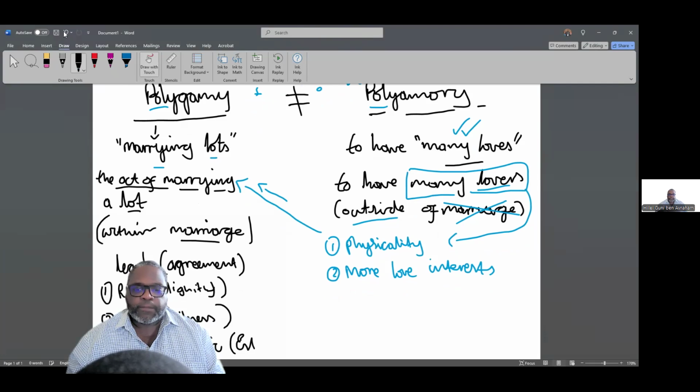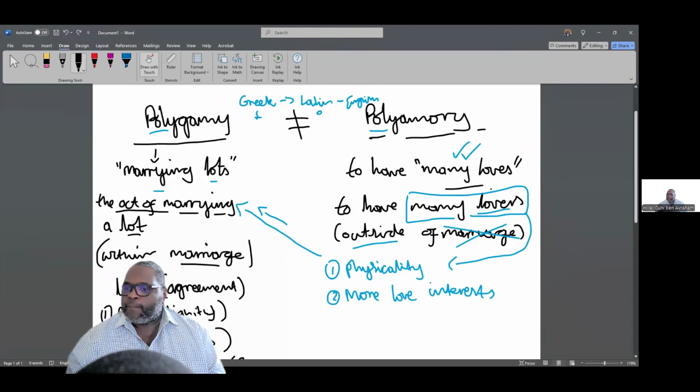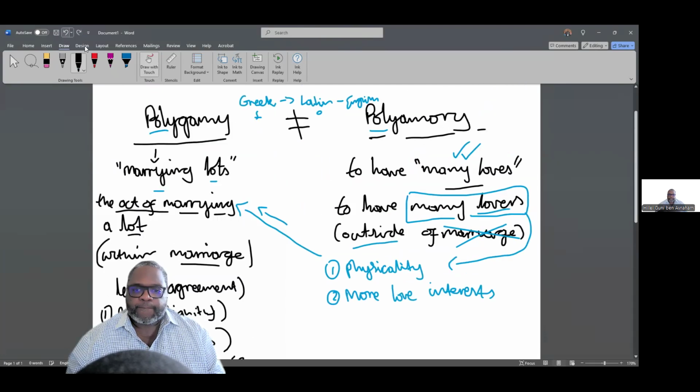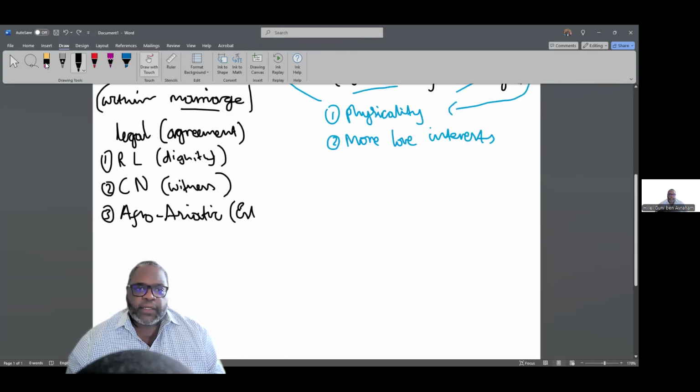Let me just use an eraser rather. So Afro-Asiatic means it's East. What does it mean that it's an Eastern tradition?